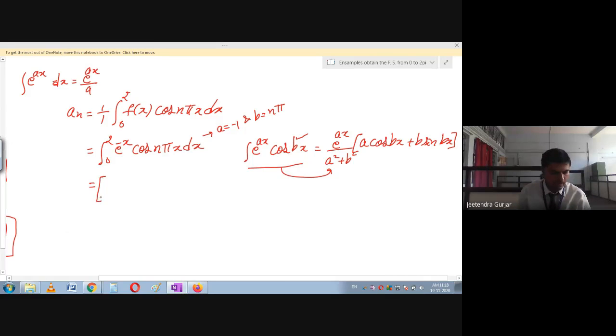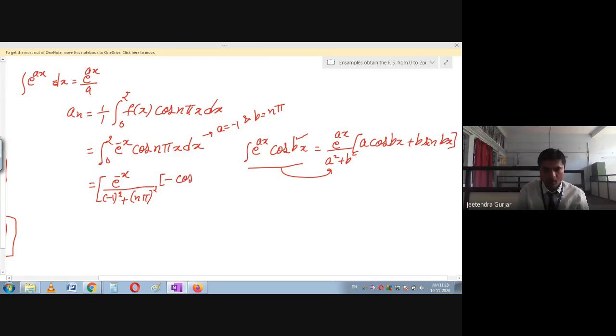So this is equal to e raised to minus x divided by a is minus 1. Please remember minus 1 square plus b is nothing but n pi the whole square. Is it clear? Okay. Now again a is minus 1, so I have taken minus here.